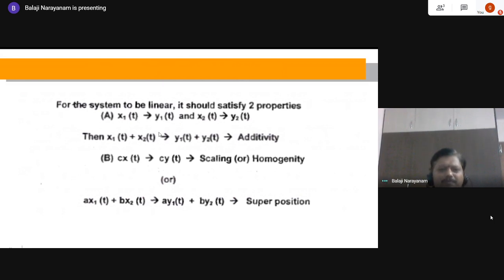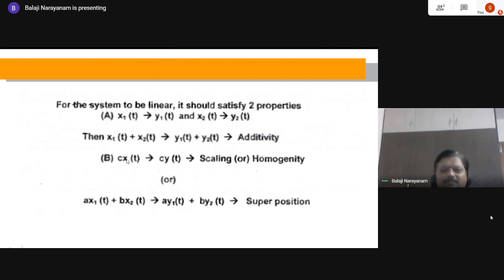The two input signals x1 of t and x2 of t are added, and the added signal is applied as an input. If it results in the summation of the individual output signals, y1 of t plus y2 of t, then we may say that the property of additivity is satisfied.